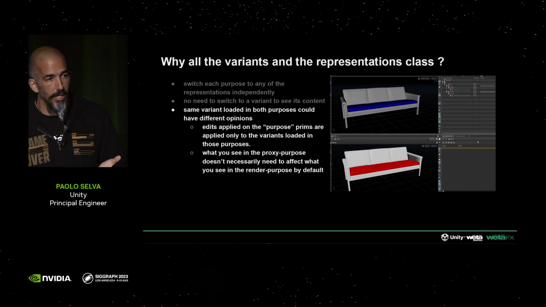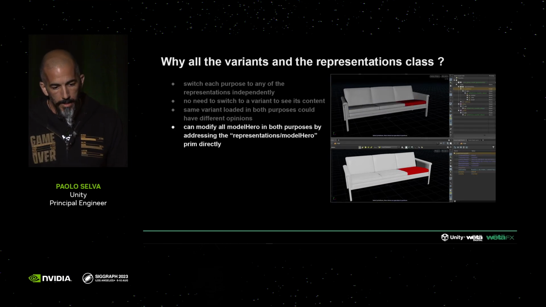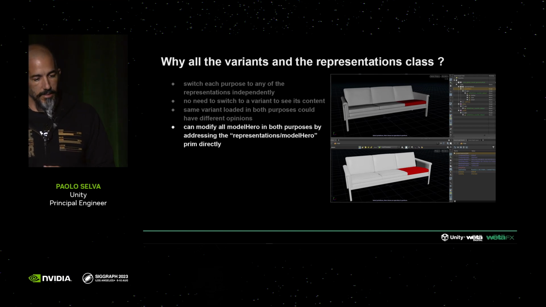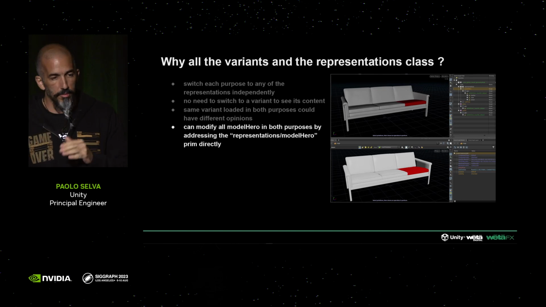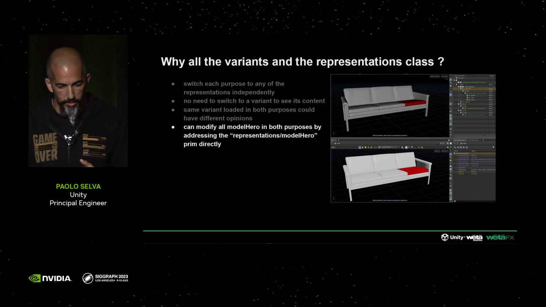The users have the ability to apply different opinions on the same representations, but on a per-purpose basis. They can also go on the representations class, as I said before, and just apply edits to a model hero that will automatically apply to both purposes because it is actually inheriting from the representations class there.